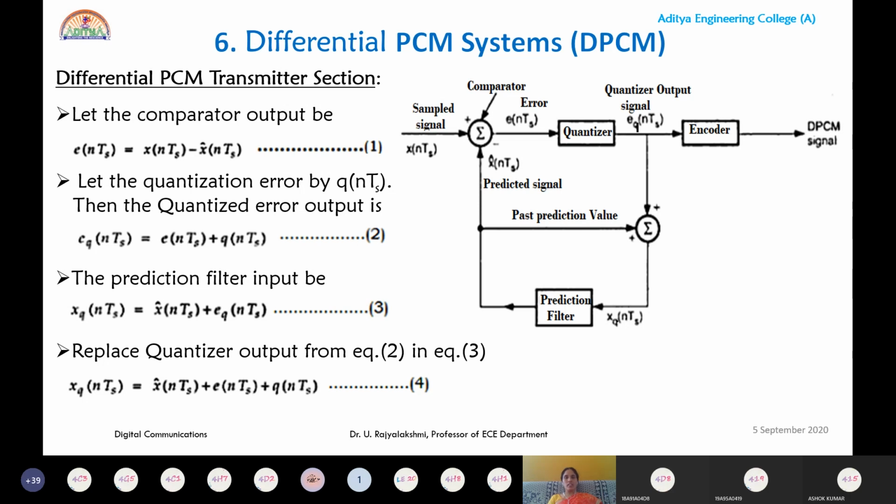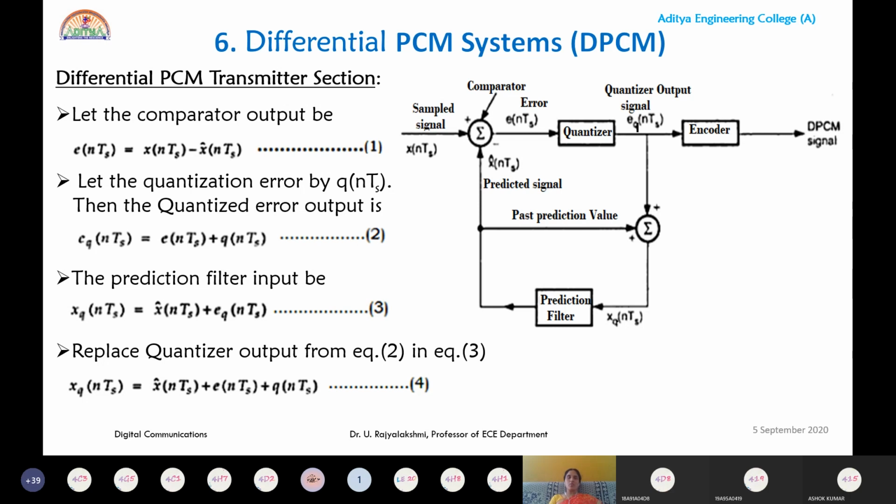You predict the present data by comparing the past data with the present sample value. Every time the present sample data is compared with the past sample value, and the difference generated is called the error.